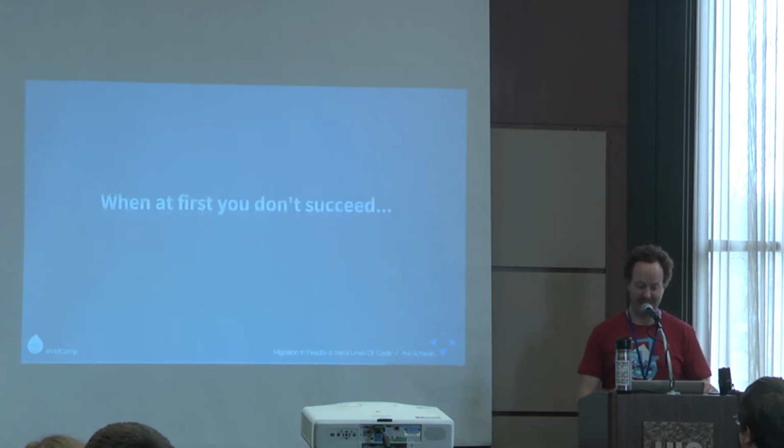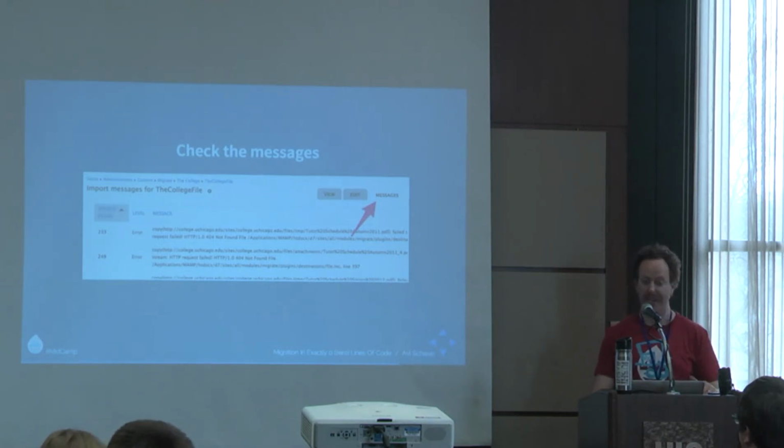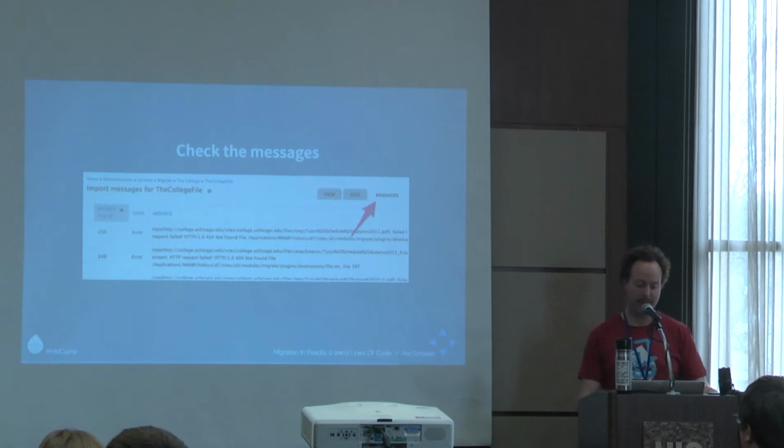So when at first you don't succeed, there are a number of ways built into the UI to figure out what went wrong. In each of the tasks, there's a messages tab, and this is like the log for each section of the migration. So it's really important to go in. When things go wrong, you can come in and see what happened.